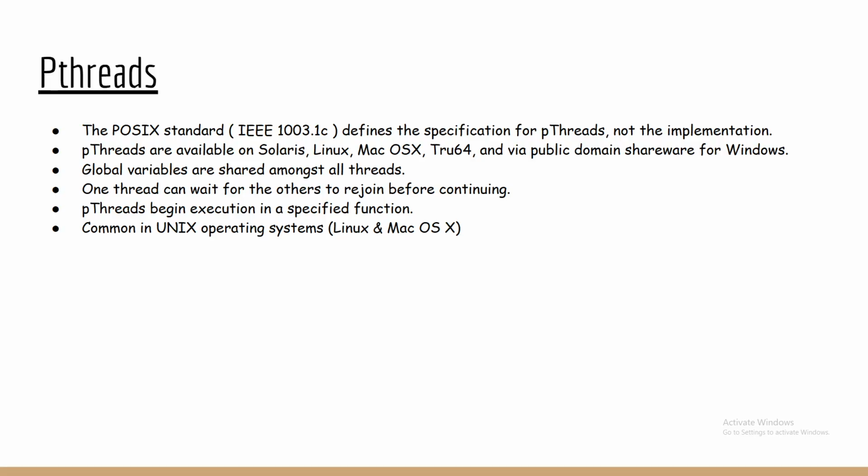A parent thread can wait for a child thread to finish before it continues, an operation known as joining. Pthreads always begin their execution in a specific function that the programmer defines. We will look into more details in the later example videos.